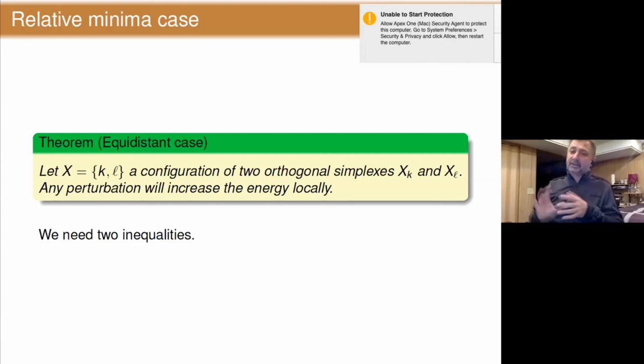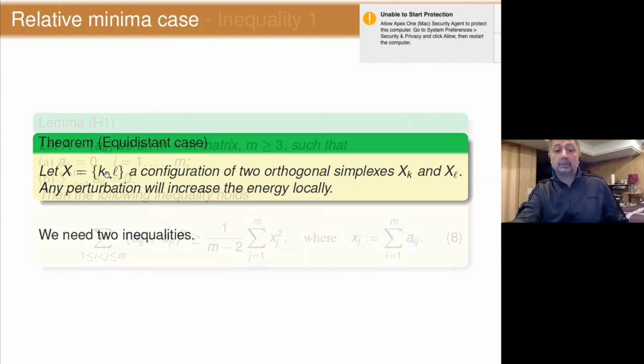One is a segment and a regular tetrahedron, and the other is two orthogonal equilateral triangles. Okay, so this separation will be either 2,4 or 3,3. Okay, so 2,4 is a local minimum. The global one is 3,3. All right, and that's true in general. The local minima are only orthogonal simplexes.